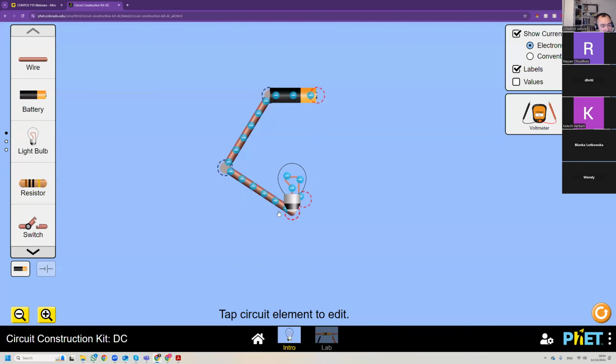And you can see those electrons inside the wire. These are the free electrons. The structure of a metal has free electrons inside, also known as delocalized electrons.